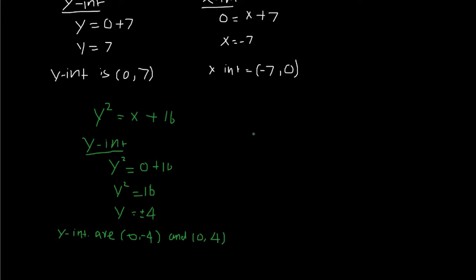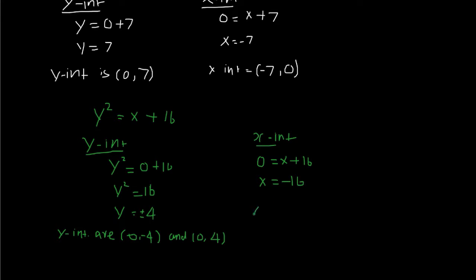So then how do we find the x-intercept? Same thing we did before. So we plug in y equals 0 in the equation 0 equals x plus 16. So solve for x, which equals -16.